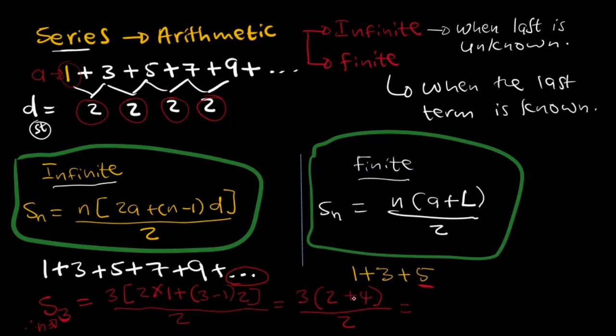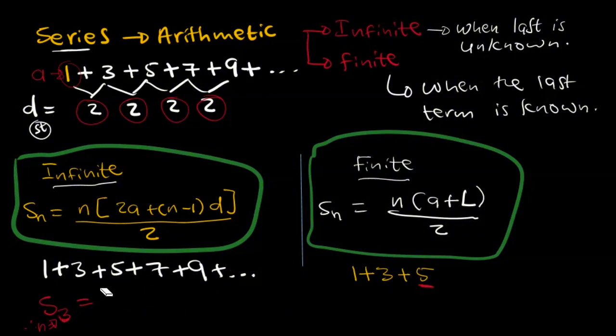This will be 6. 6 times 3, 18 over 2. 18 over 2, that is 9. So we did prove that S3 using this formula will give us 9, right?